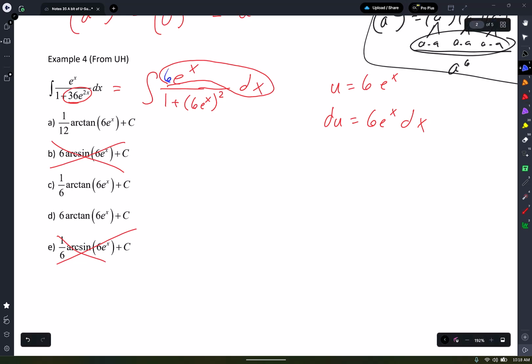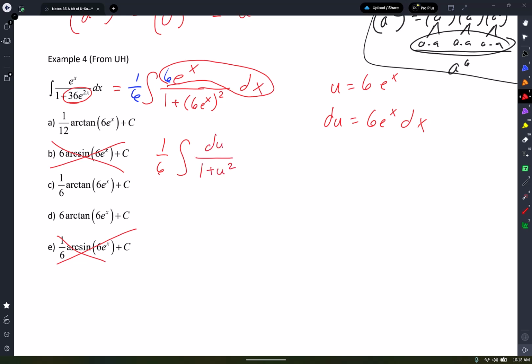So if I put a 6 there, what do I put on the outside? There it is. Whatever is color-coded is what I'm putting, brand new. 1/6 integral. 6e to the x dx is just du. And then 1 plus u squared. Now, hopefully, that looks easier for you guys. Let me rewrite it. 1/6 integral 1 over 1 plus u squared with my du on the side.